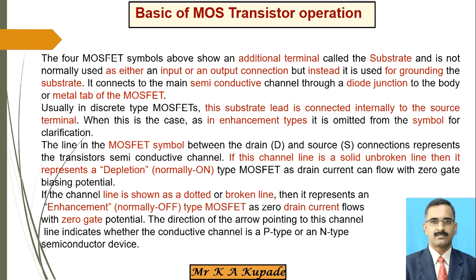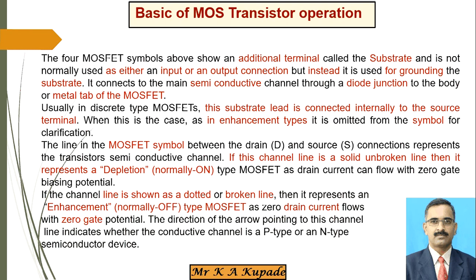Usually in a discrete type of MOSFET, the substrate lead is connected internally to the source terminal. When this is the case, as in the enhanced type, it is omitted from the symbol for clarification. That means whenever the substrate is connected internally, then in the enhancement type MOSFET they omit showing the substrate, right?